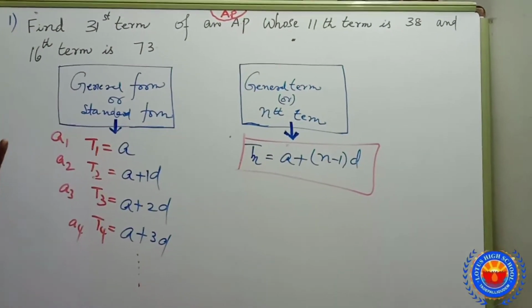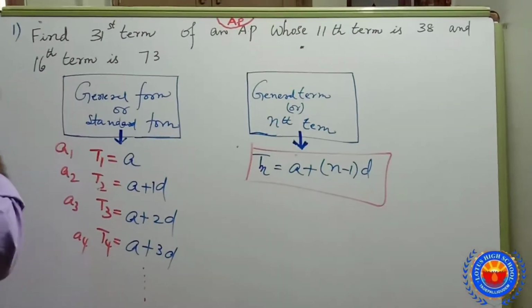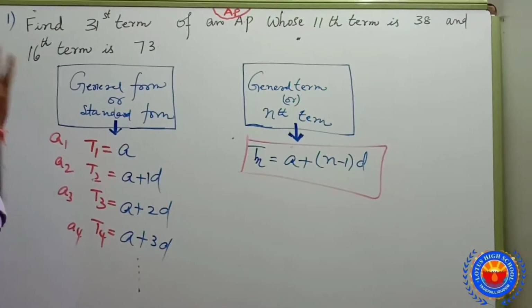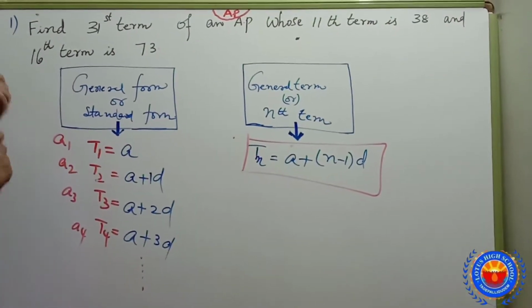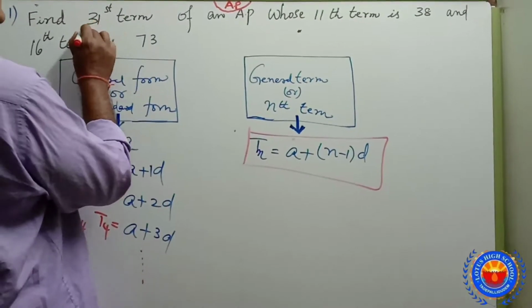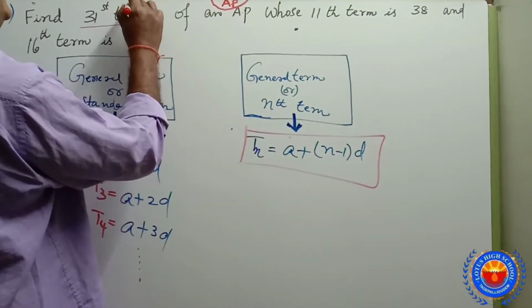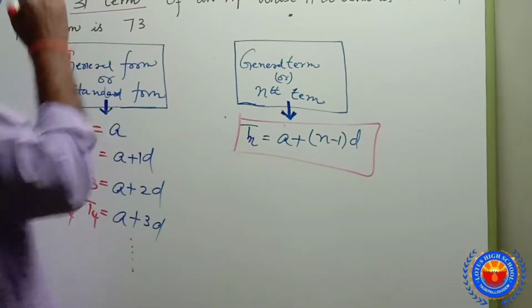Now, for the given sum, find the 31st term, T31.